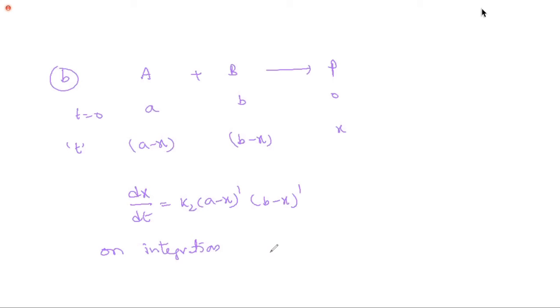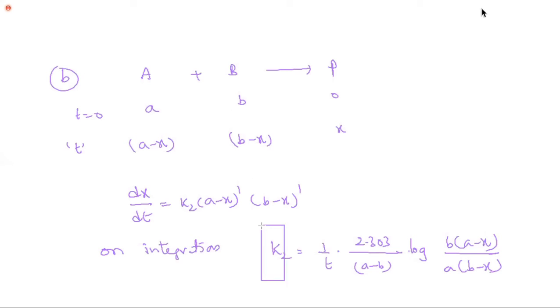On integration, you will get K2 is equal to 1 by T, 2.303 by A minus B, into log of B into A minus X, over A into B minus X. This is the formula for a second order reaction with two different reactants.